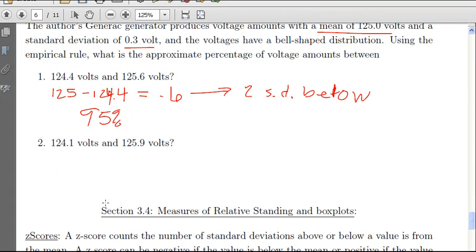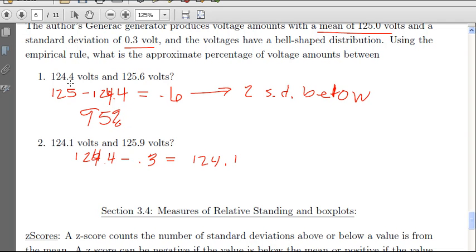A similar thing down here. Now I'm even further away. If I take 124.4 and subtract 1 standard deviation, that gets me to 124.1.